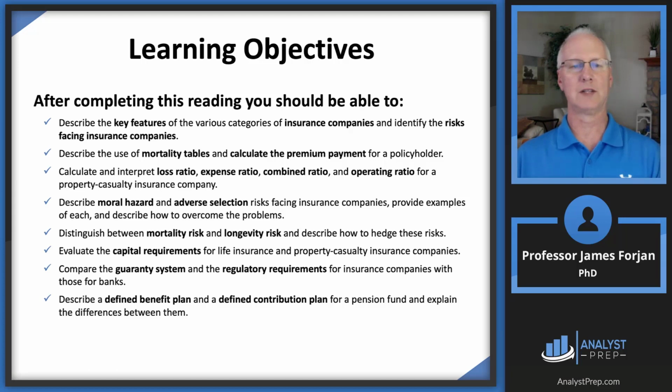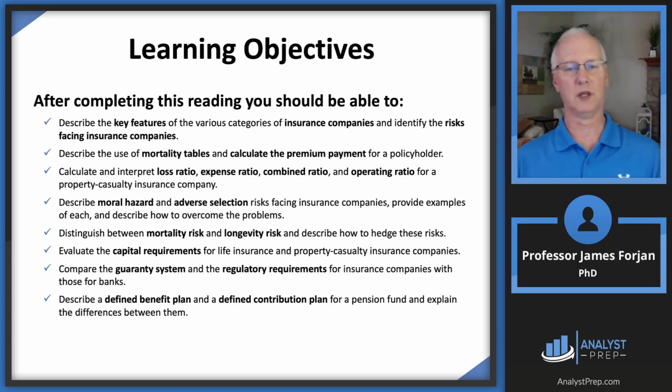Notice we're going to use lots of command words, describe and define. We do have a couple of calculates in there and distinguish. So we're going to describe key features of various categories of insurance companies. We're going to describe mortality tables. We're going to calculate premium payment and then a couple of ratios. We're going to discuss moral hazard and adverse selection.